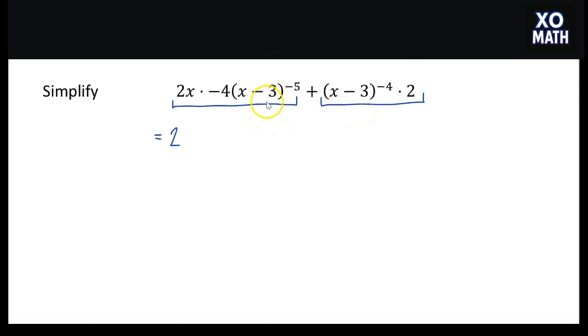And then we look at common binomials. So here I have the binomial x minus 3 to the -5th and x minus 3 to the -4th. They do have a binomial in common, and we can factor out the lesser of the two. So the smaller exponent between -5 and -4 is -5. -5 is smaller.